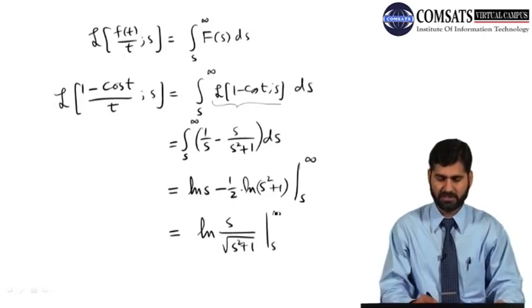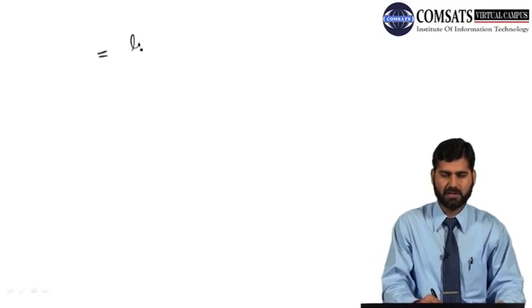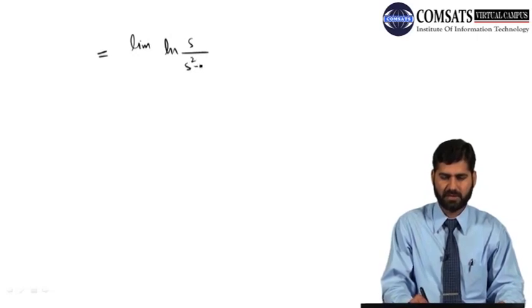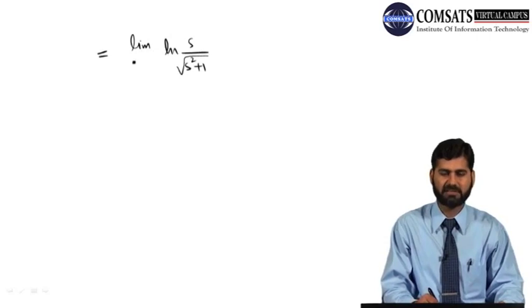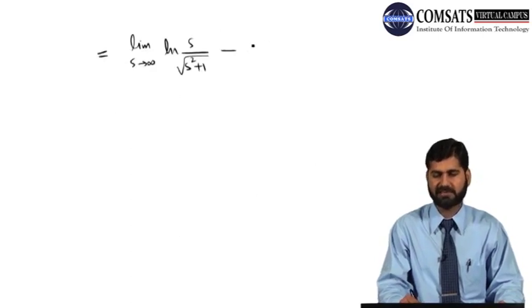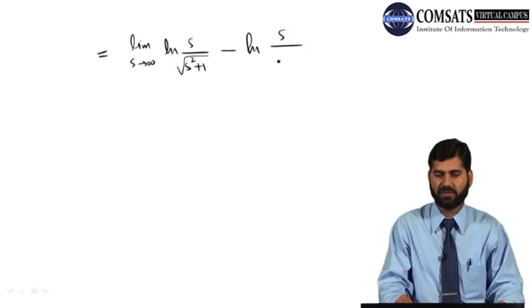So you got two things. You got log of s over the square root of s square plus 1 at infinity, meaning the limit as s goes to infinity, and minus the same thing evaluated at the lower limit s.